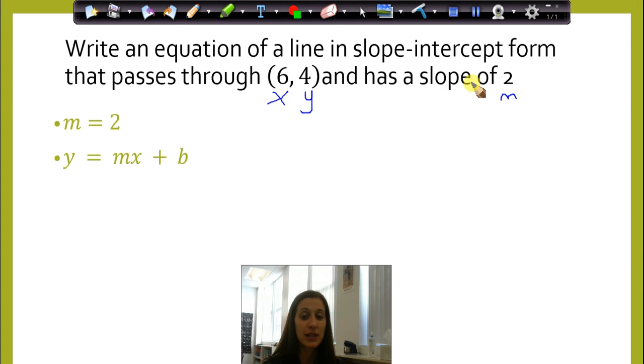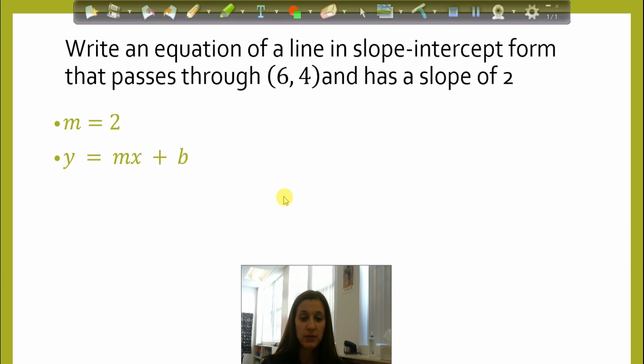So if I plug these 3 numbers in, I have 3 of the 4 numbers that I need, and then I can actually find the b value. That's the only part that's missing, the y-intercept. So I am going to plug in those values.